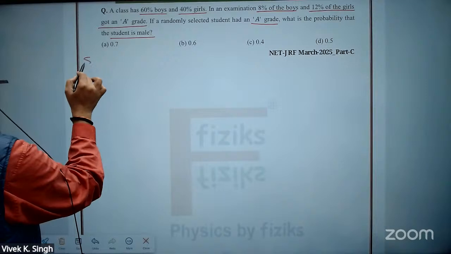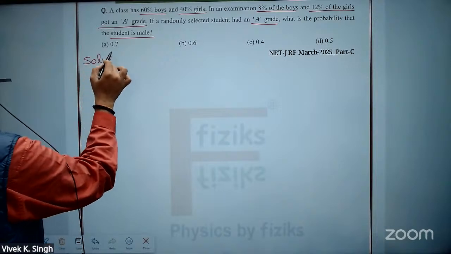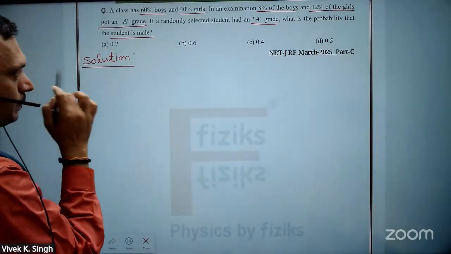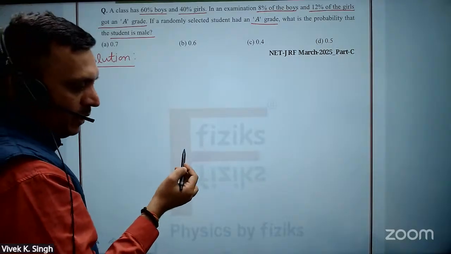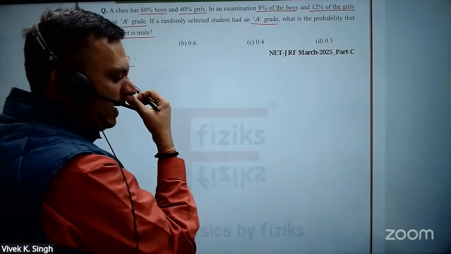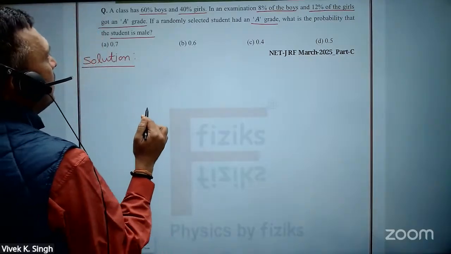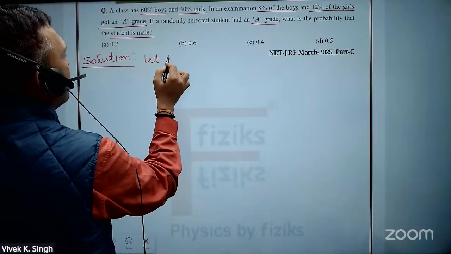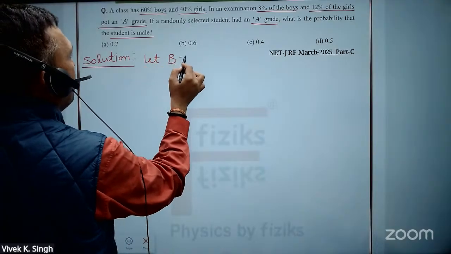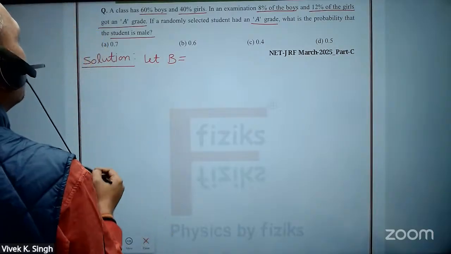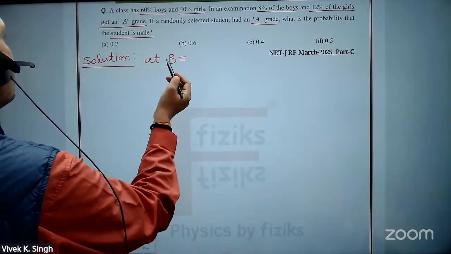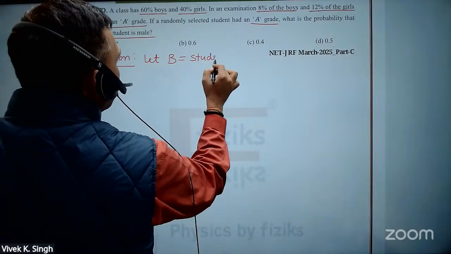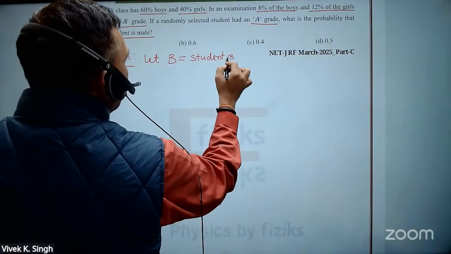So let's see how to solve this type of question. First we have to find the total probability of getting grade A. So let one event be B, that the student is a boy.